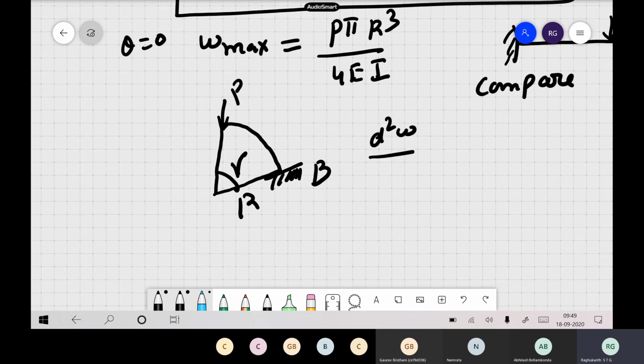So you have d square W by d theta square plus W. So you have to write our equations here. So this becomes P R cube by EI into sine phi. So this is our equation.